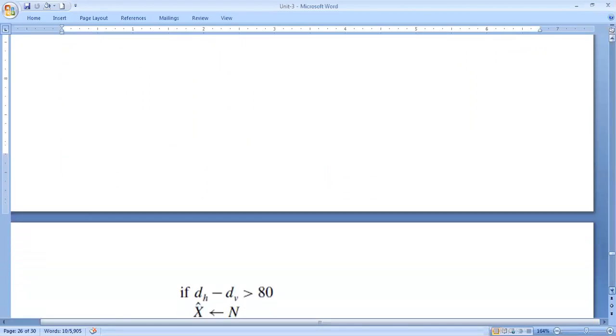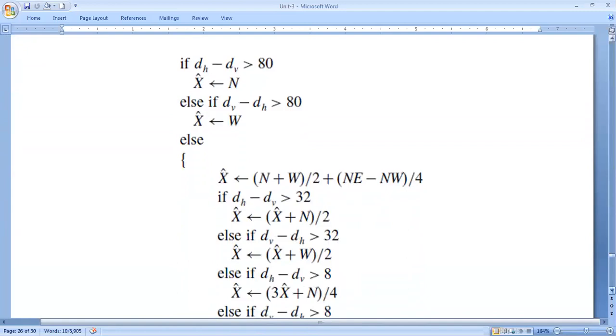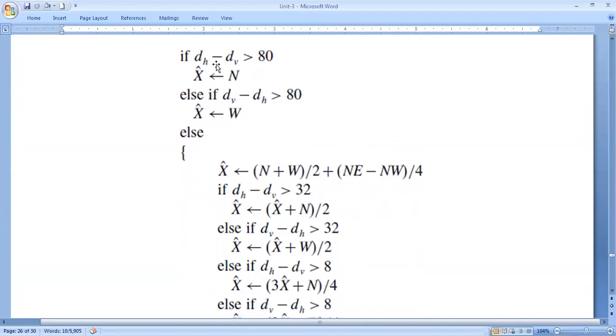If DH minus DV, means horizontal value is more than the vertical value, so DH minus DV greater than 80, then we will take x as the north value. जो हमने पढ़ा कि अगर हॉरिजॉन्टल वैल्यू वर्टिकल से ज्यादा हो रही है तो हम उल्टा देखेंगे, मींस हॉरिजॉन्टल ज्यादा है तो हम नॉर्थ वाला लेंगे.